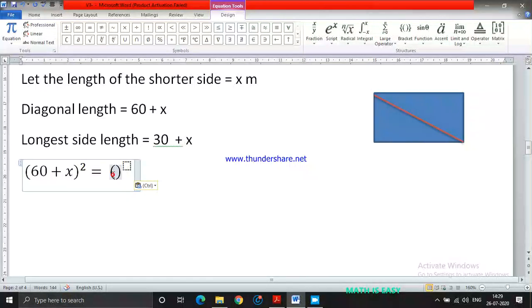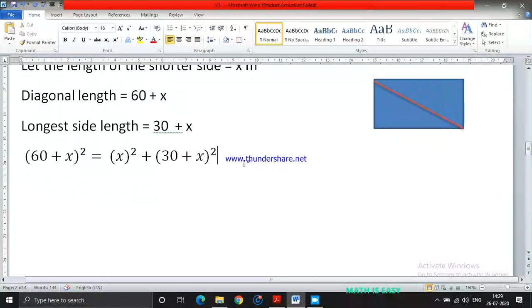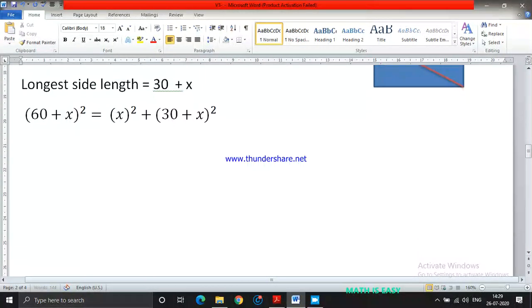Shorter square means x square, plus longer, what is the longer, 30 plus x whole square. I am just applying the Pythagoras theorem in this step. Okay. So if you want to solve this question, you have to remember the angle in a rectangle is 90 degrees. They may give an area related problem also, so that also we can solve in the same way.